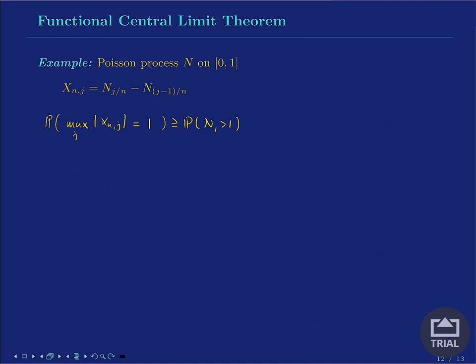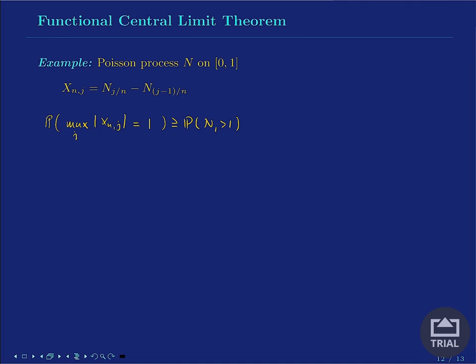However, as soon as we have a single jump somewhere in the interval, then regardless of how fine we make the partition, as we look at the increments of the original Poisson process, the maximal increment will always be at least 1. Because somewhere we must have a jump, and at the interval that catches that jump we have 1.